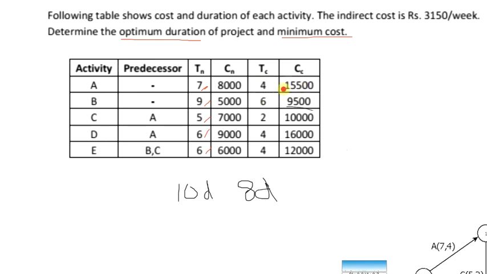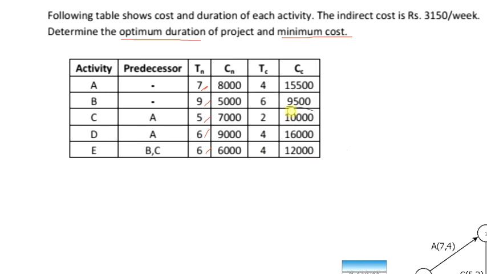Then the crash cost will be 15,500 rupees in total. For B, it can be finished in 6 days if you provide additional resources, and then it will cost 9,500. Similarly for activity C, activity D, and activity E.